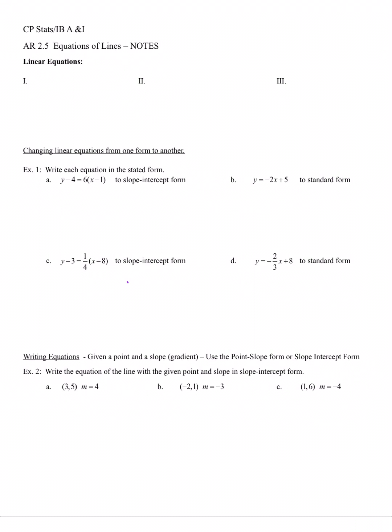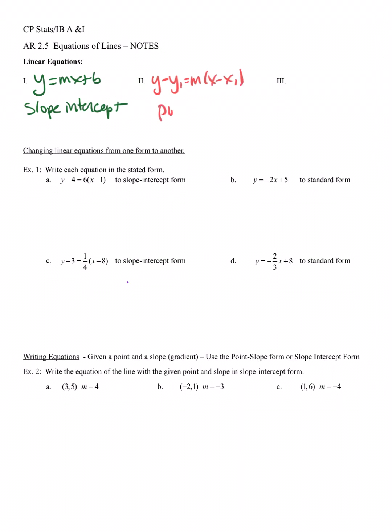If you'll take out your notes for 2.5, as you're seeing up on the screen, there are three different forms of linear equations that you have dealt with so far. The first one is y equals mx plus b, otherwise known as slope-intercept form. The second one is y minus y sub 1 equals m times x minus x sub 1.